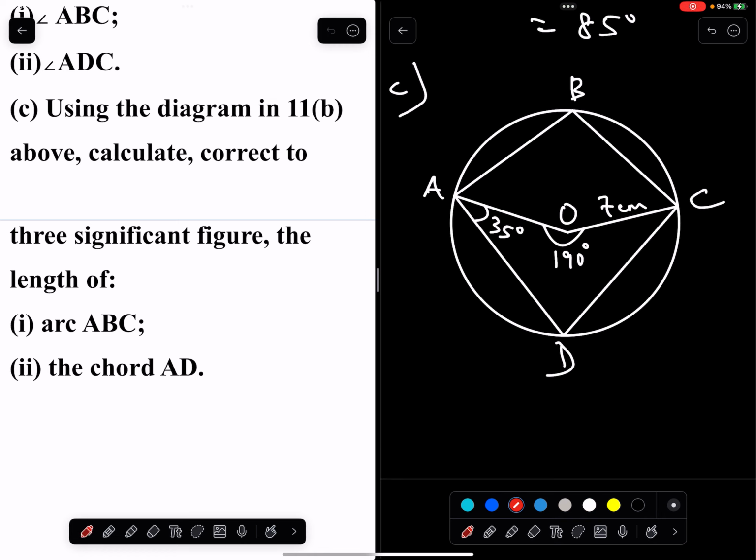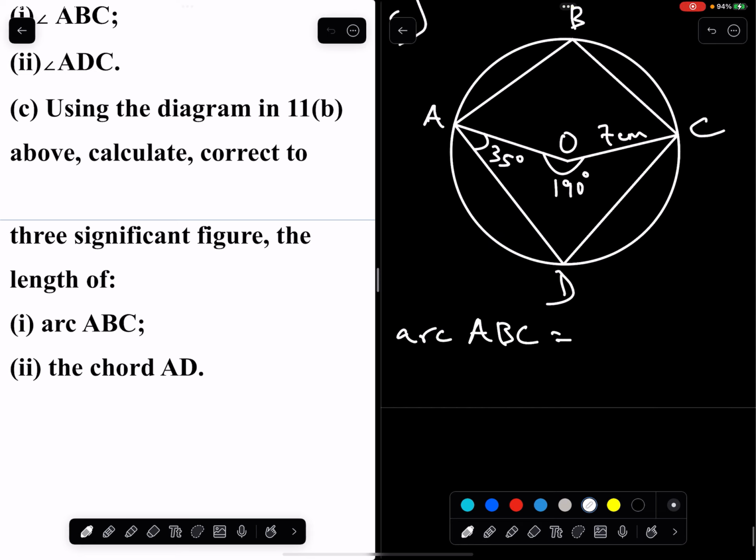This is the arc ABC. The length of an arc is given by the formula theta over 360 times 2 pi r.